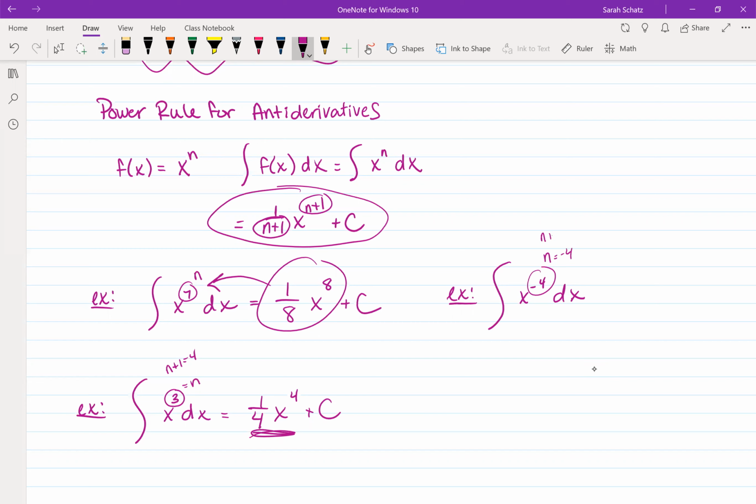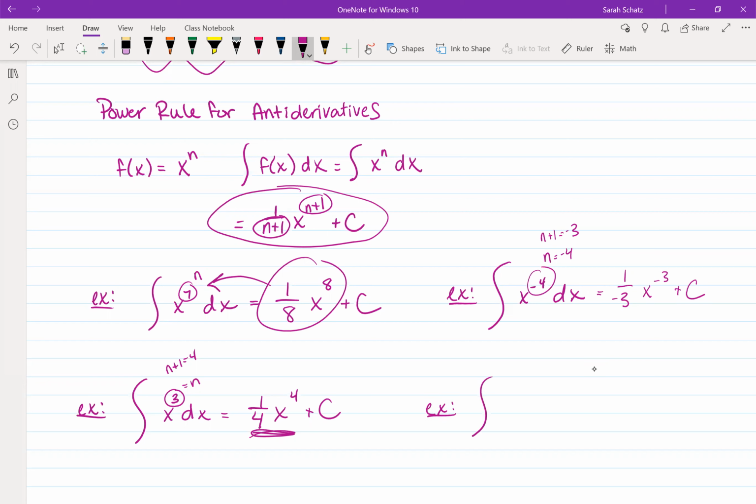So what's your n plus 1? That'd be negative 3. So negative 3 is the number I'm going to put in the front and on the power. So you guys, remember it's 1 over. So 1 over negative 3, x to the negative 3. And that's it, guys. So negative exponents, not very different.